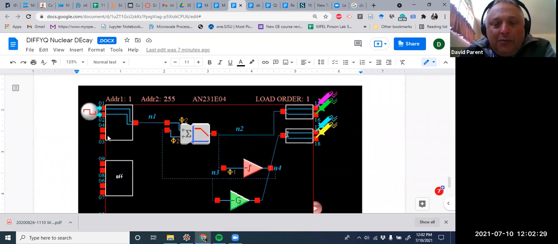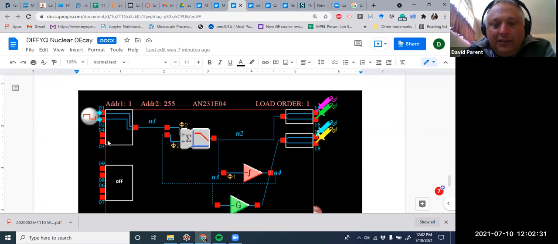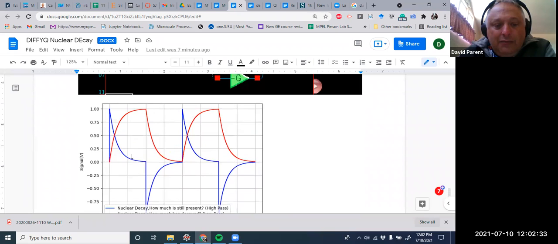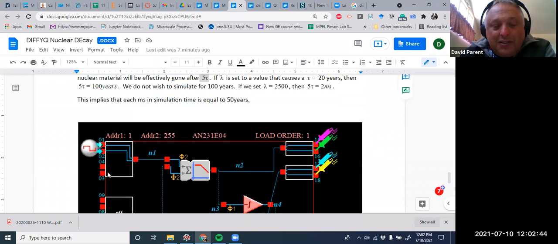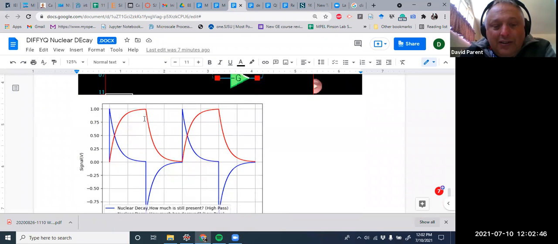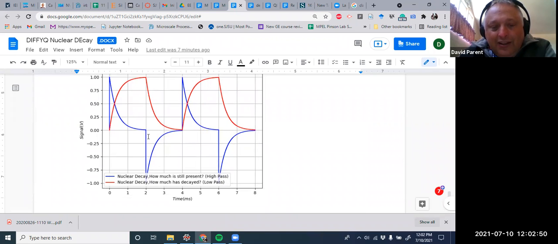But you know what we have here is our nuclear decay. So this is how much is present. This is how much is gone. And of course, with the step function going positive and negative, you're getting a negative, like there's negative material, which doesn't exist, right?